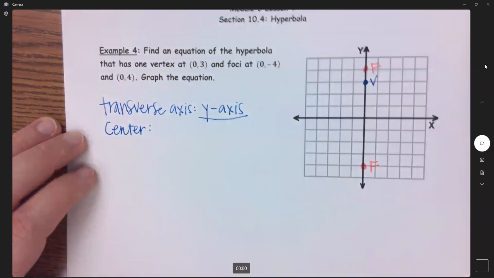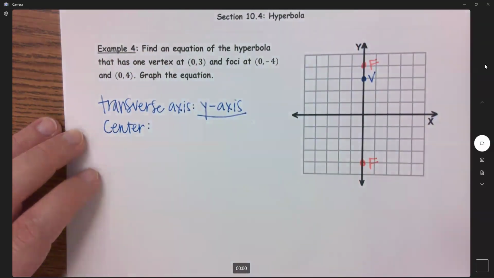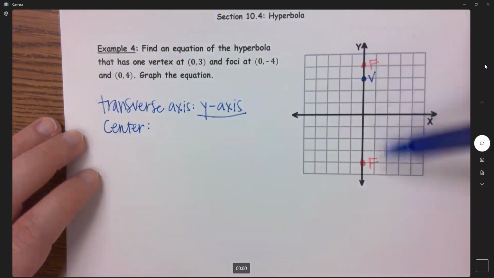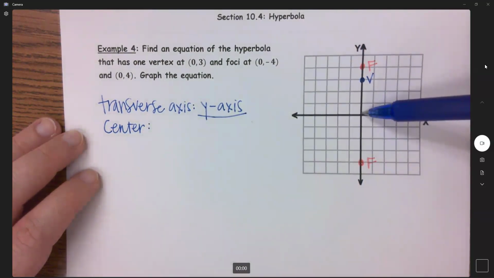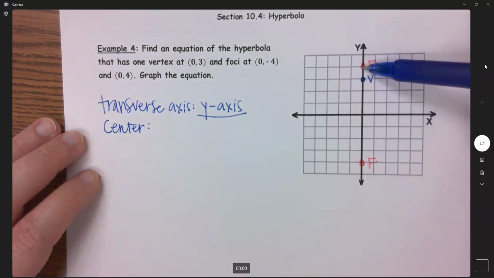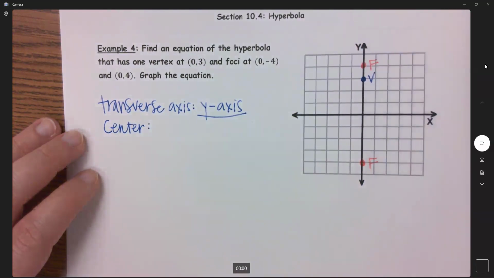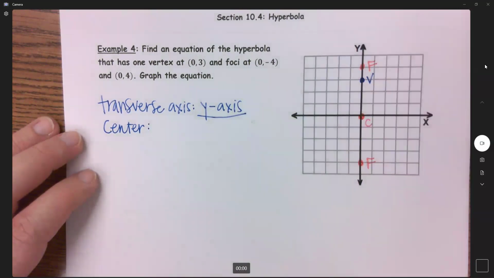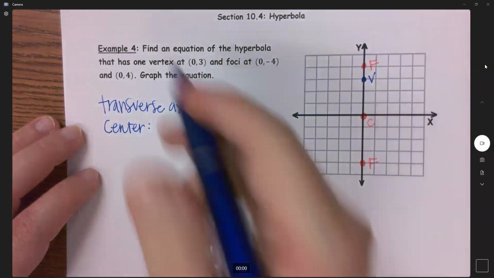They don't actually give me the center here. But what I do know is that the center needs to be in the middle of my two foci points. So you can technically use the midpoint formula, or just this is 4 up, this is 4 down. My center has to be right here at the origin.